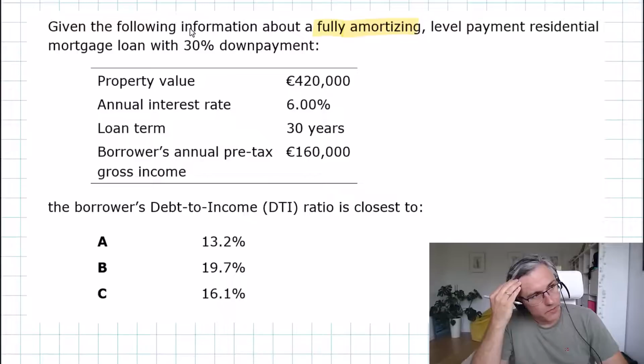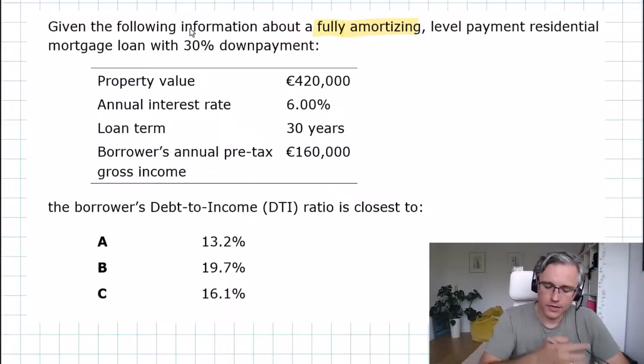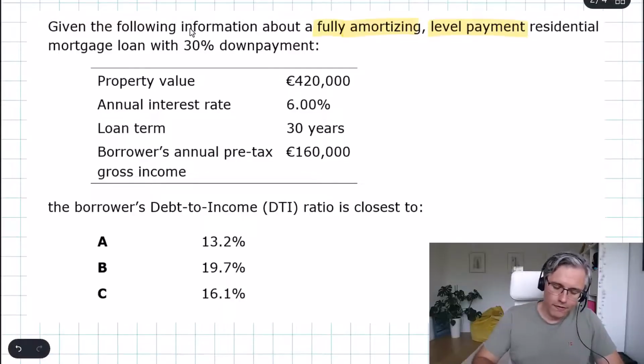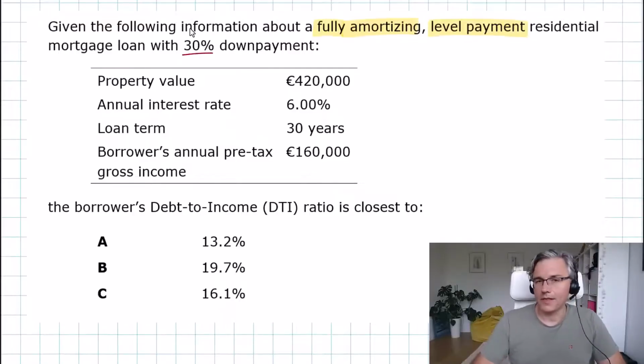There isn't any big balloon payment left at the end of the loan that still needs to be covered. Level payment means that we'll be paying an equal amount every month, and that's kind of the standard in these questions, if they appear at all. 30% down payment means that's how much equity the borrower will need to bring into the transaction.